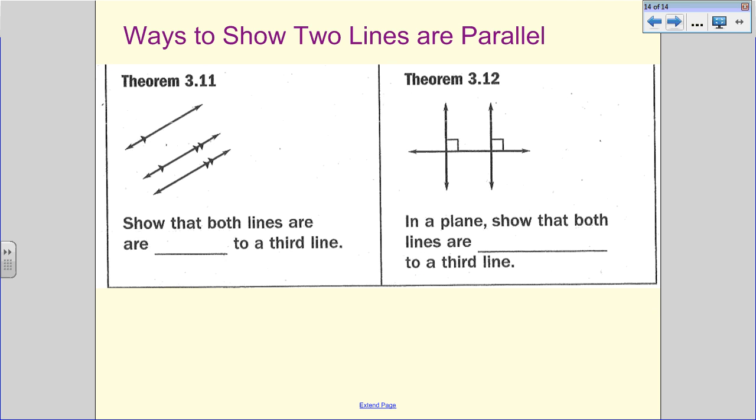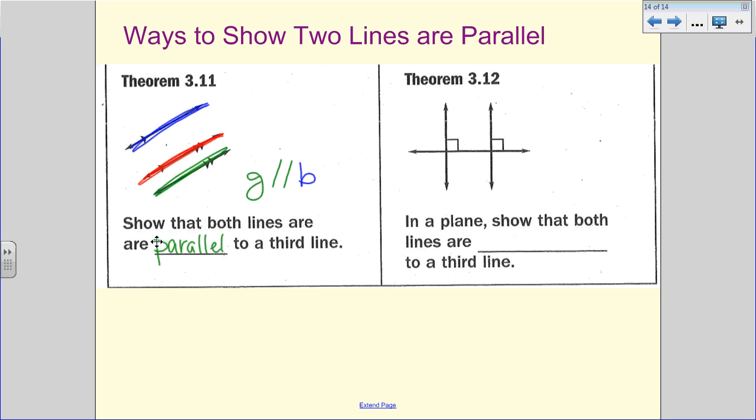If we take it the new way, to show that 2 lines are parallel, show both lines are parallel to a third line. Because we have this line being parallel to this line, and this line being parallel to this line again, that means green is parallel to our blue line.